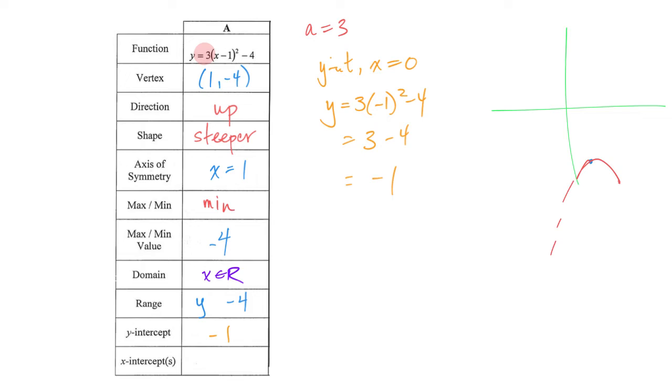It has to do this, which means it's going farther away from the x-axis. So I would have no x-intercepts. I could right now write in my table that there are none. And I don't even have to spend any time algebraically trying to go on the hunt for them.